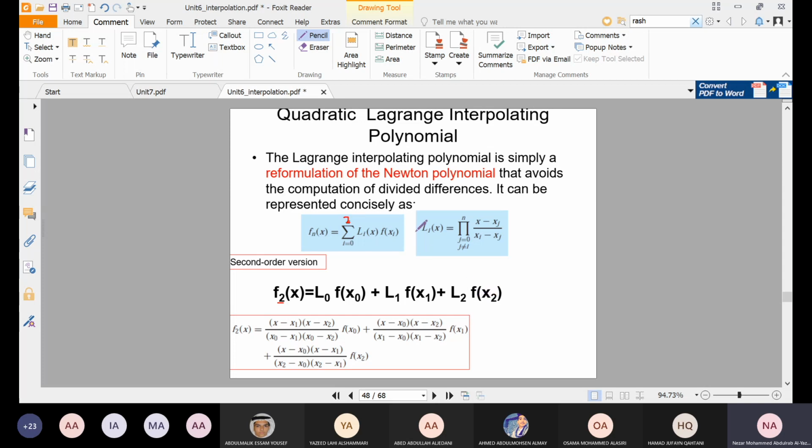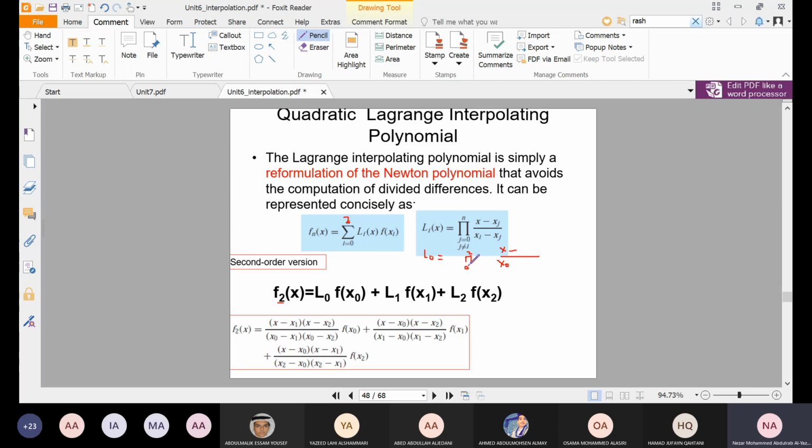Okay, so after that, if I look for L0 here, I take the product from 0 to 2. Here I have x and this is xi, and i is equal to 0 already, so this will be x0.